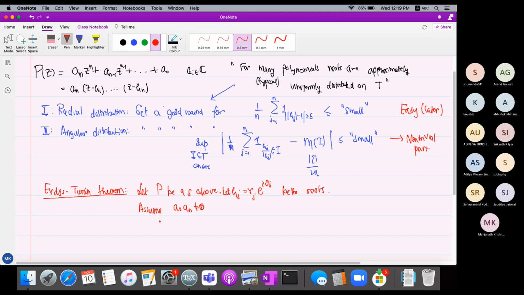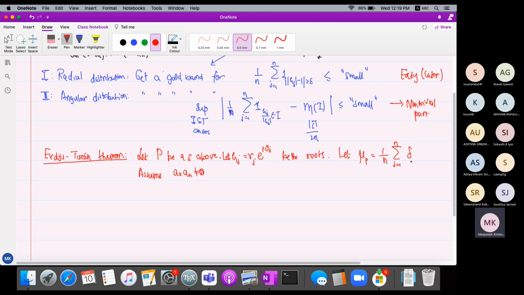Then also let me define another thing. Let mu P be the angular measure, the sum of delta at e to the i theta j. So this is a measure, a probability measure on the unit circle. This is the angular distribution of roots.